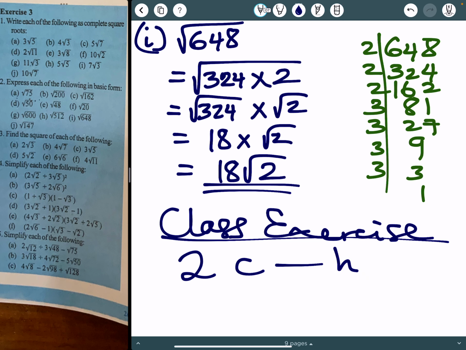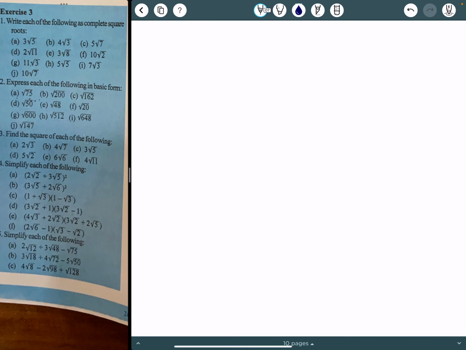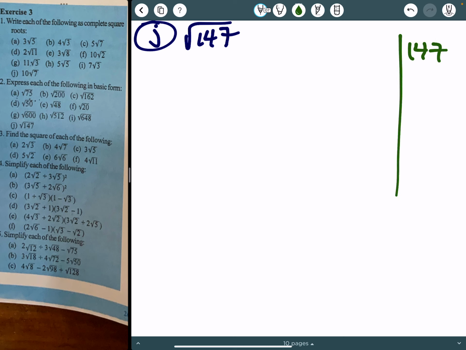Let me add one more to the example. Let's do J together too. J is root 147. So I have to simplify 147 by writing it as a product of its prime factors. I can't start division of 147 with 2, but I can start it with 3. 3 in 14, 4, remember 2. 3 in 27, 9.